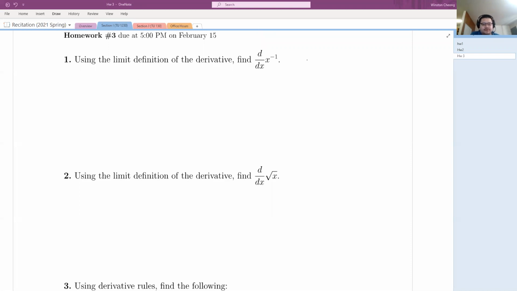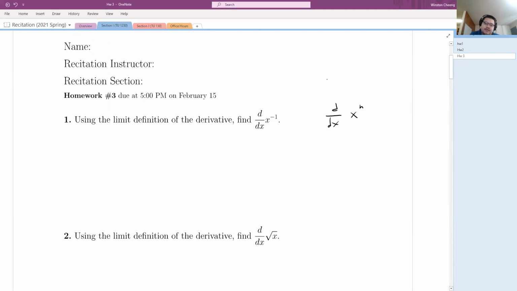We have the limit definition of the derivative, in order to calculate the derivative of x to the negative first power, or 1 over x. Before this, let me first introduce the rule in general. This is called the power rule.